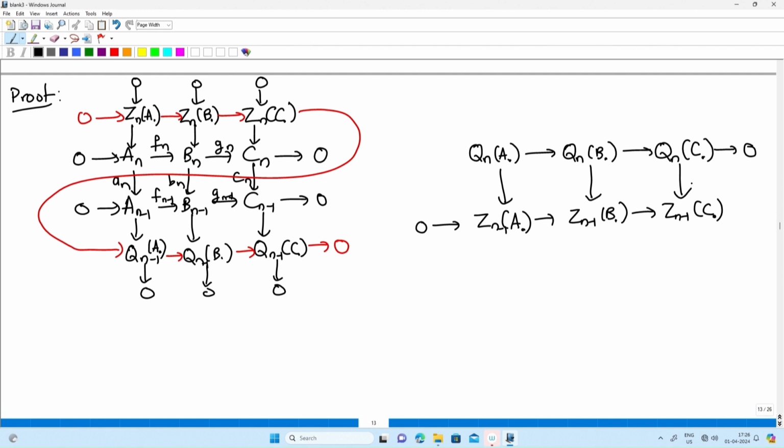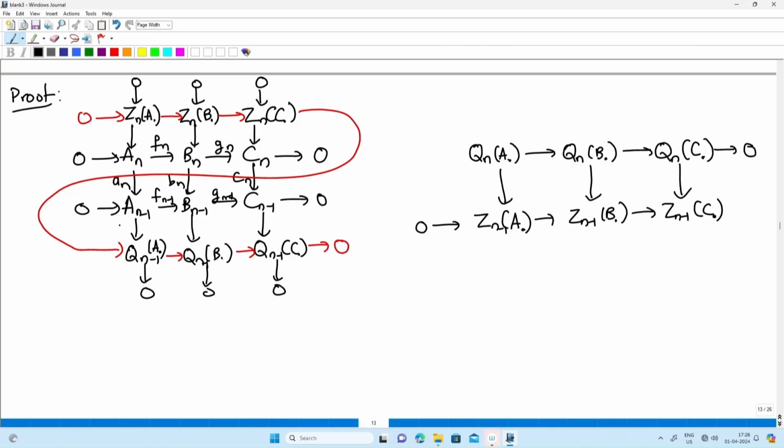So why do we have maps vertically? Can you understand that? Qn A dot is the quotient of An. So from An we must have a map to Zn minus 1 A dot. Do you agree with that? If you look here vertically, around this point, there is little An minus 1 coming down.